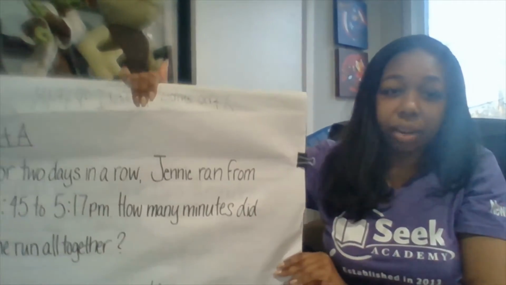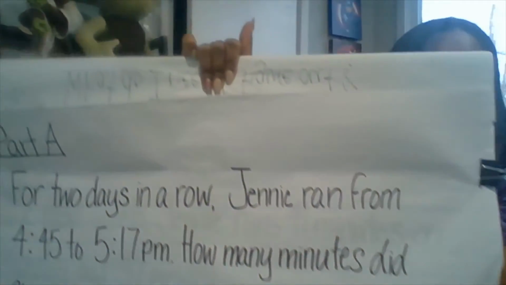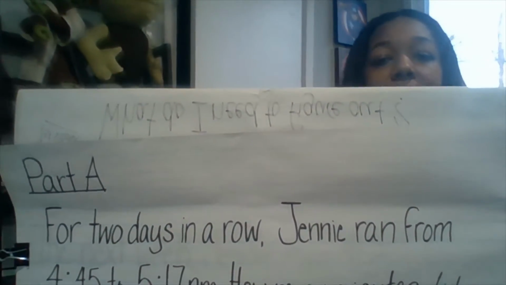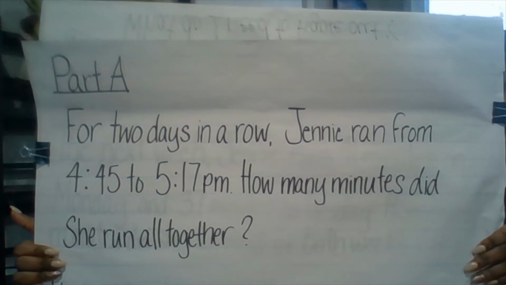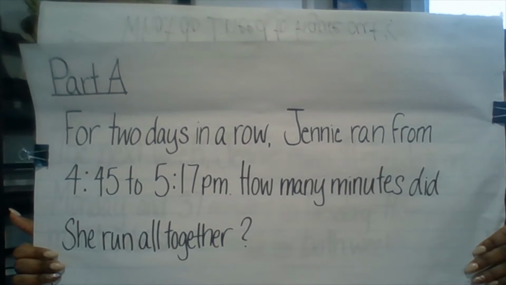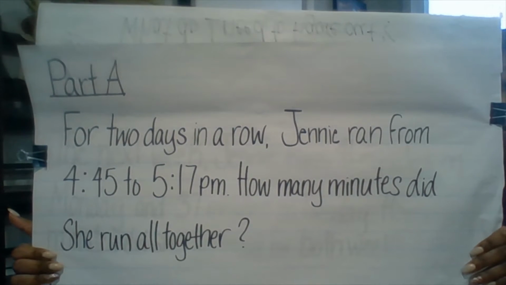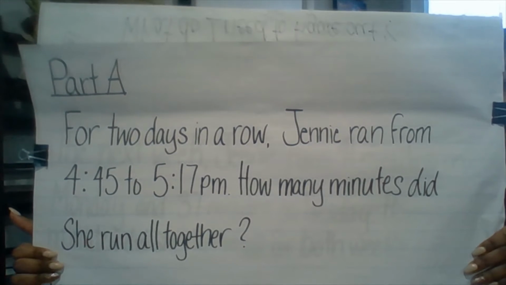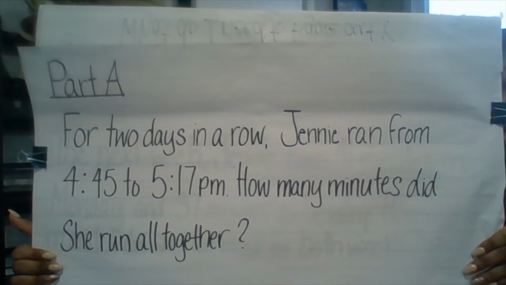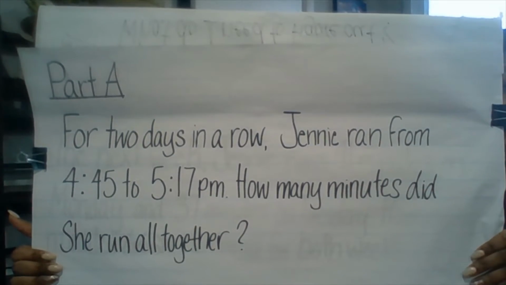And on our first read, we're thinking about what do I need to figure out. So our prompt for today is a 2-part prompt. And our first section reads, for 2 days in a row, Jennie ran from 4:45 to 5:17 p.m. How many minutes did she run altogether?